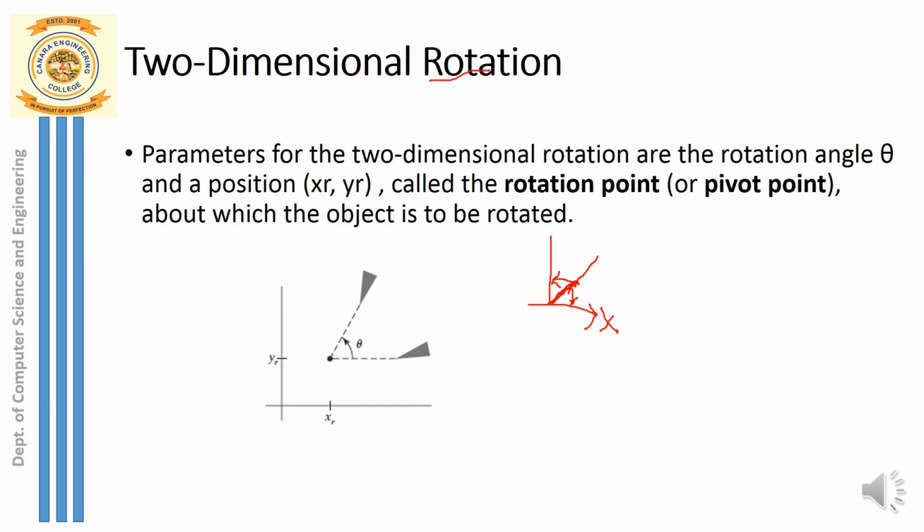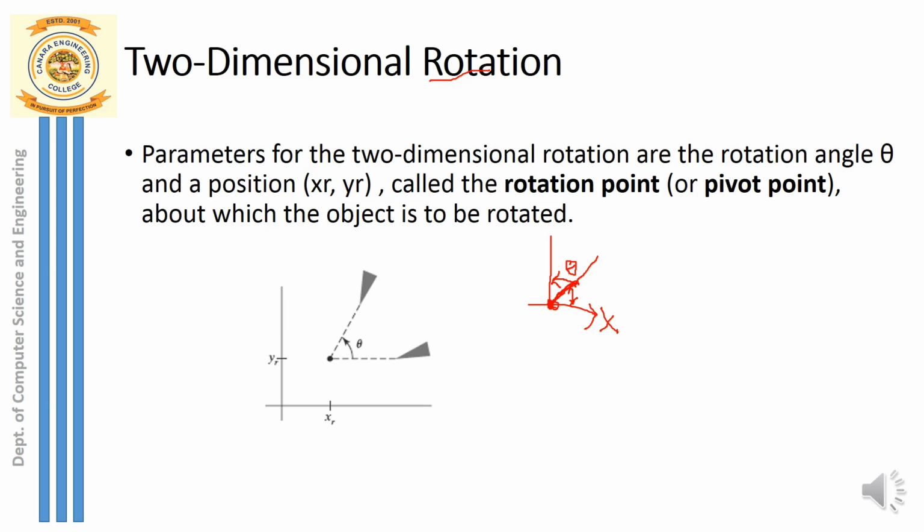In order to perform this orientation, what is a very important parameter? You require the angle of rotation. So this angle of rotation is very important, and then one more important factor that you require to perform rotation is a reference point, which you can also call the pivot point. The reference point about which you are rotating the line, or the object, also matters a lot.